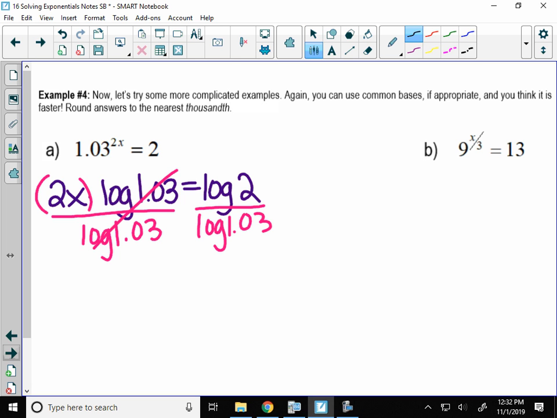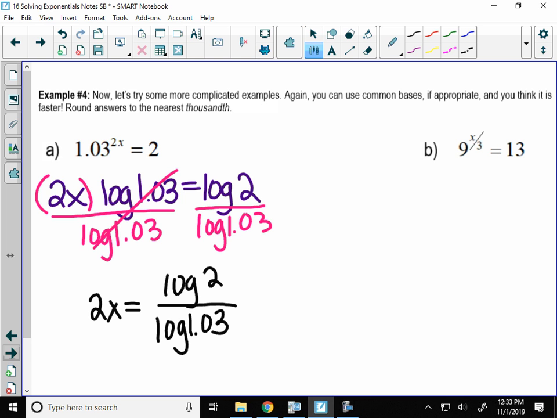So you need to write down that you have 2x equals this fraction. And this is actually a pretty nice fraction compared to what we're going to see on Monday. How do I get x by itself? Divide by 2.